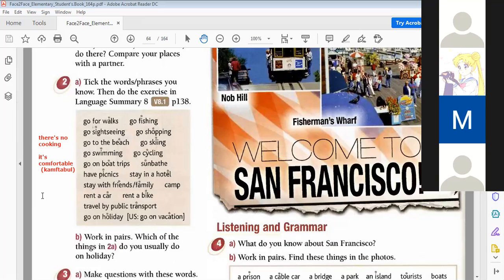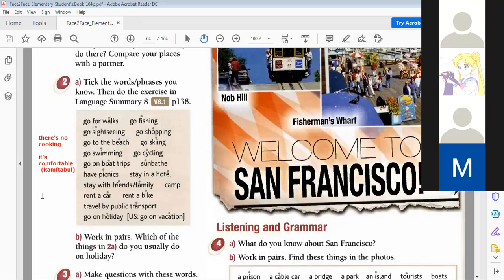And with words that you're not sure of, when you come across a new word you haven't heard before, I always put it in Google Translate for the pronunciation.